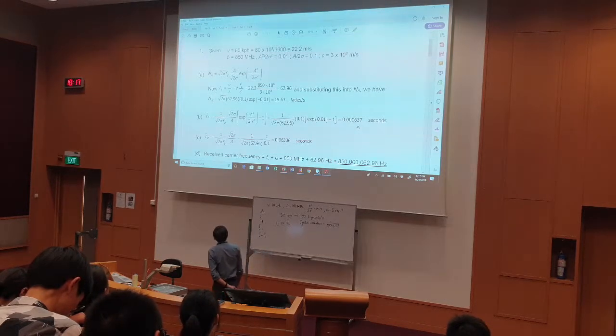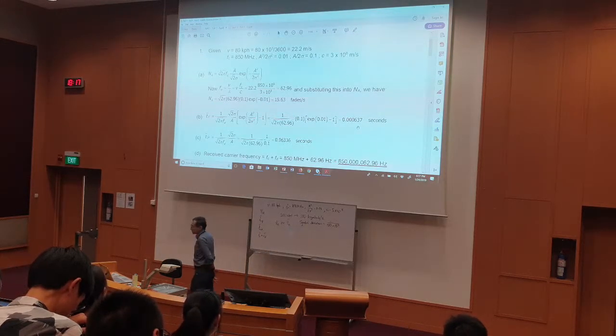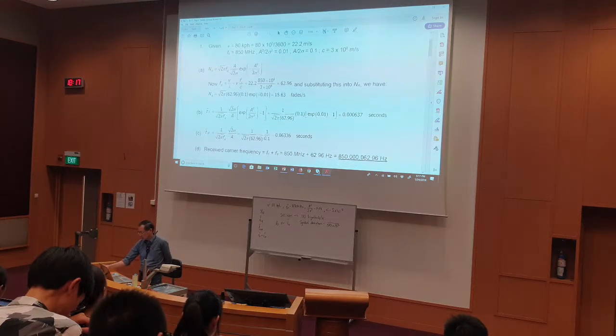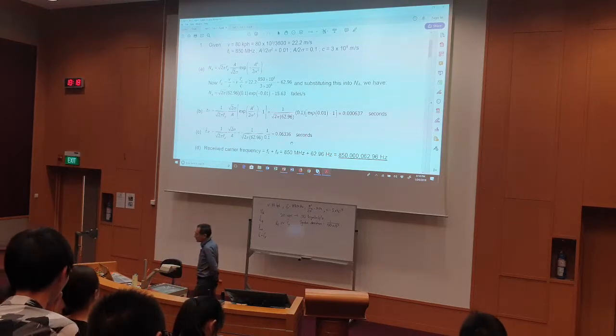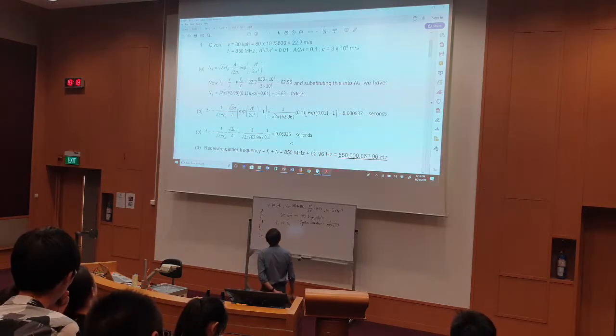Similarly, for the interfade duration, which is part C, you do the same thing. You have all your values already, plug it inside here. You calculate, it's 63.3 milliseconds.